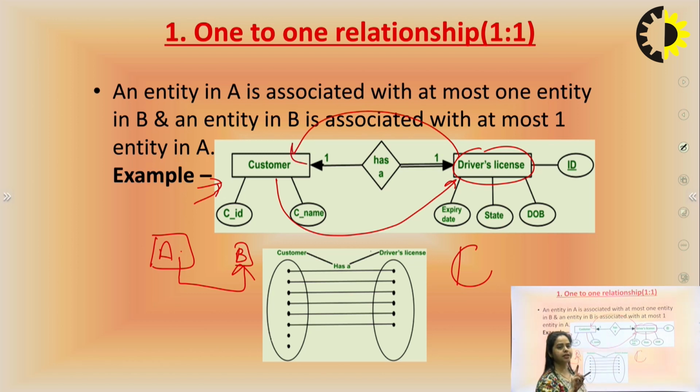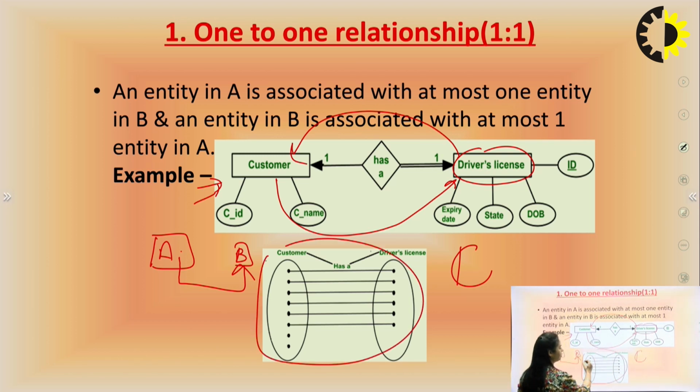One driving license cannot be distributed to two or more customers. So here we have a one-to-one relationship. This is known as a one-to-one relationship.